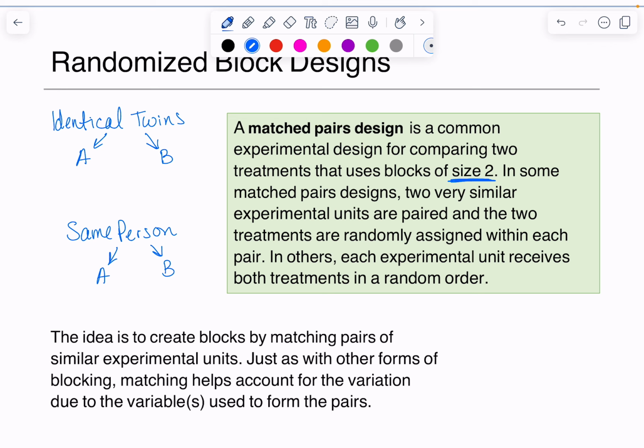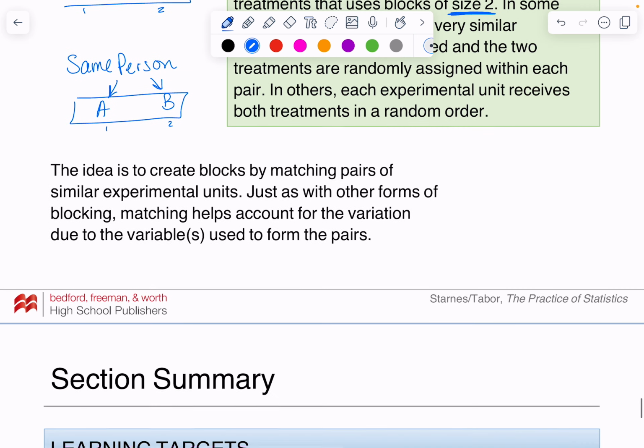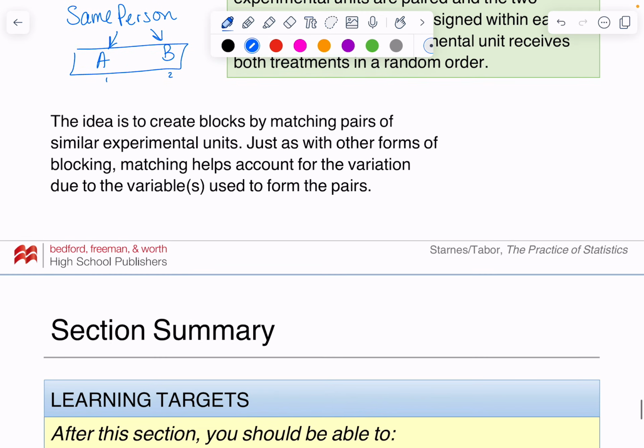So the same person does the next treatment as well. Okay, but this is what I mean, blocks of size 2: I have one pair of twins doing both treatments, 1, 2. I have one person doing both treatments, 1, 2. We'll talk about that more in a future chapter, but that's another type as well.